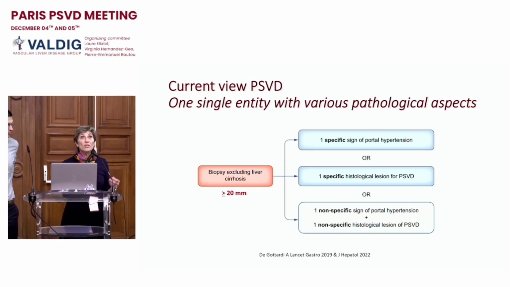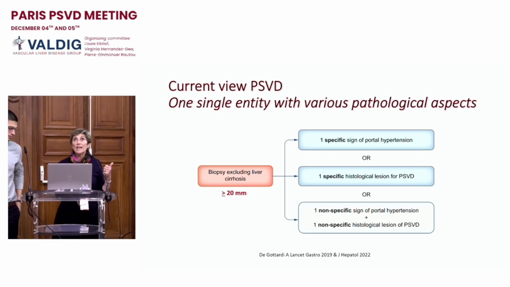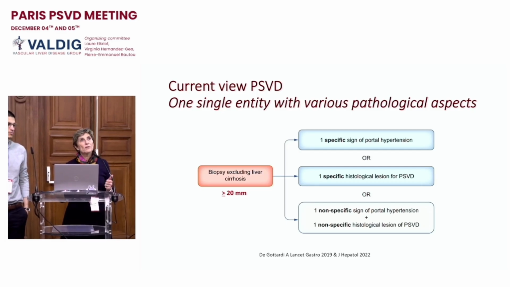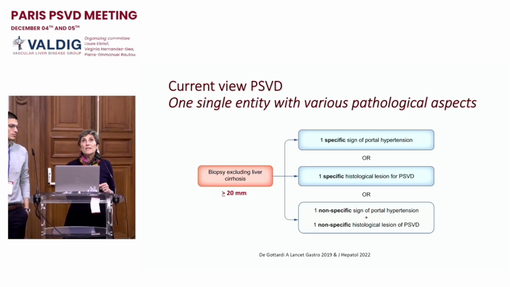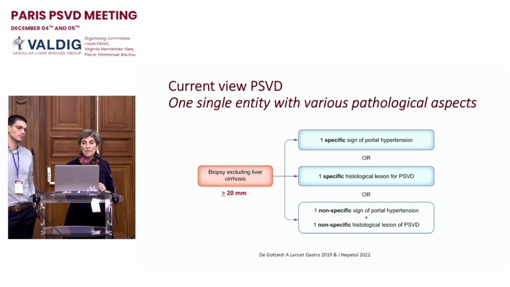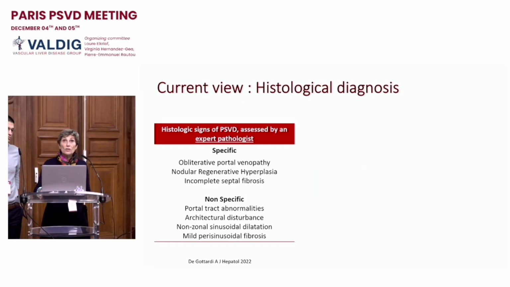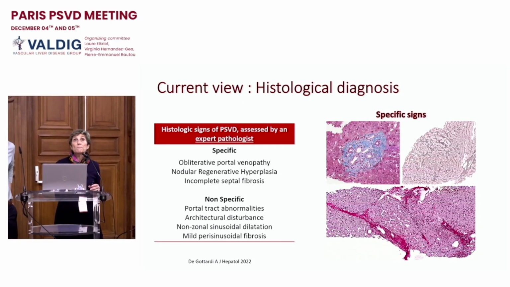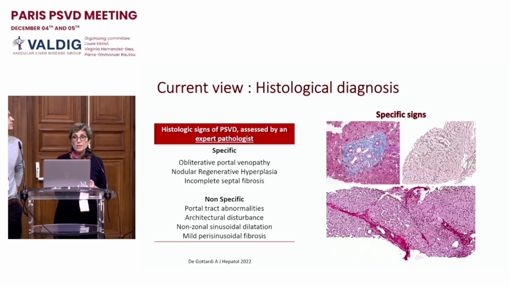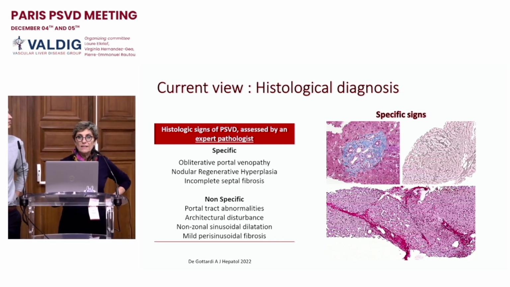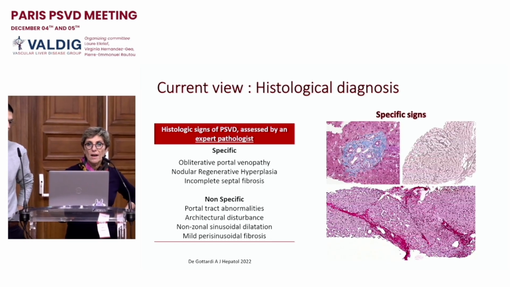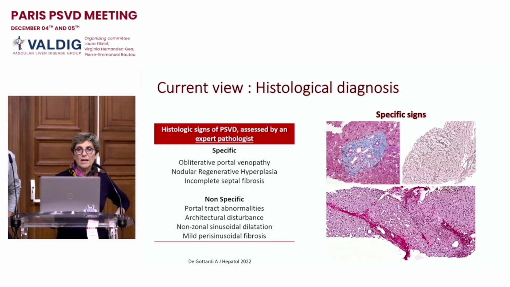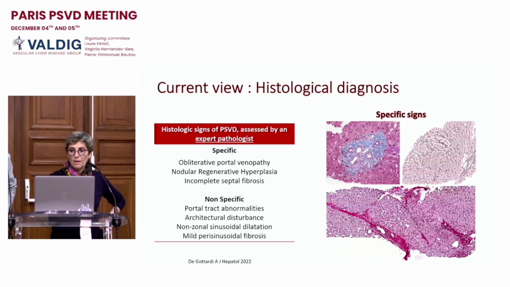So you have already seen this figure, and we all recognize that PSVD represents a single entity with various pathological aspects. For the pathologist, we have two main roles. First, exclude the possibility of a cirrhosis, and then find so-called non-specific or specific features associated with PSVD. Among the specific features, you have obliterative portal venopathy, so lesions in the portal vein within the portal tract, nodular regenerative hyperplasia, and incomplete septal fibrosis.